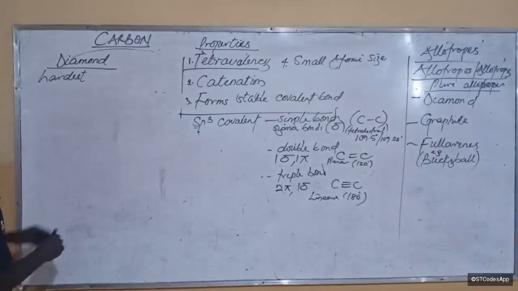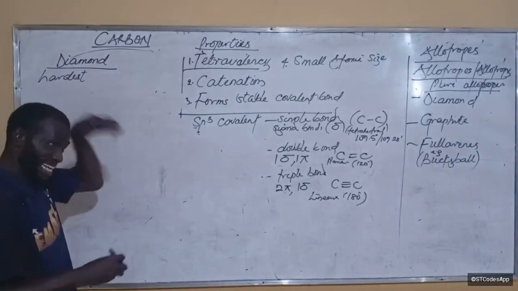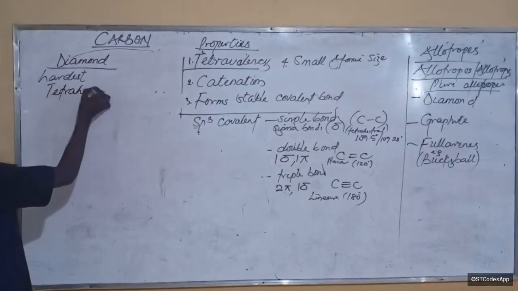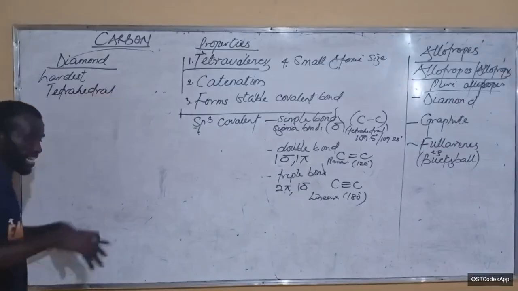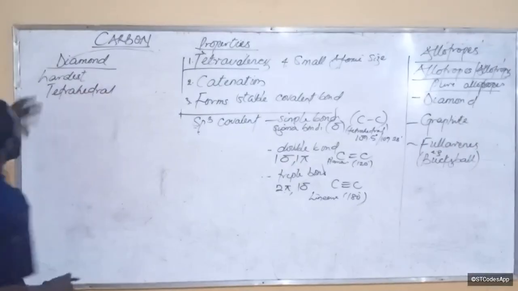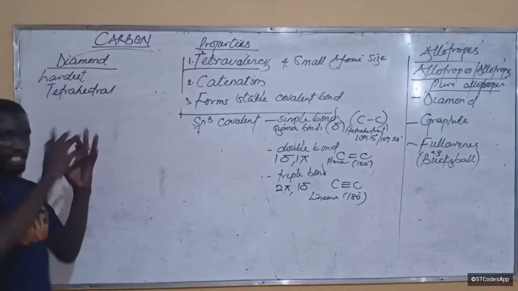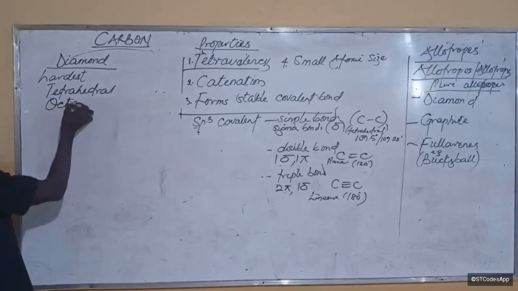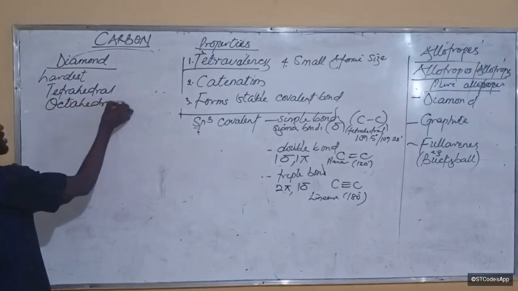So at the atomic scale inside the diamond, what you see is a tetrahedral geometry around each of the carbon atoms. Is that clear? But outside, the shape you see with a diamond is actually octahedral. So you should not confuse this.